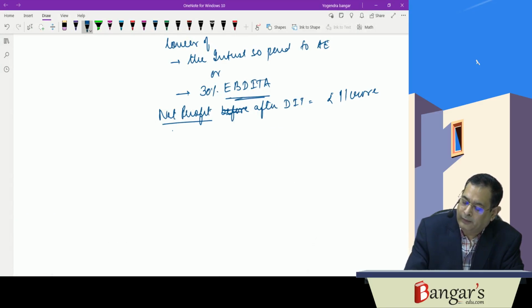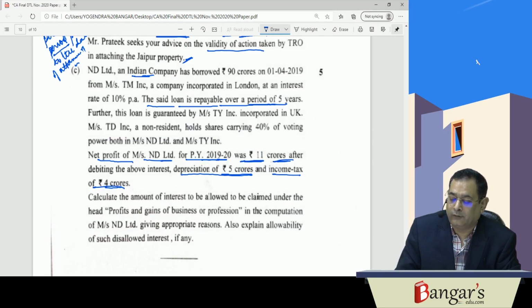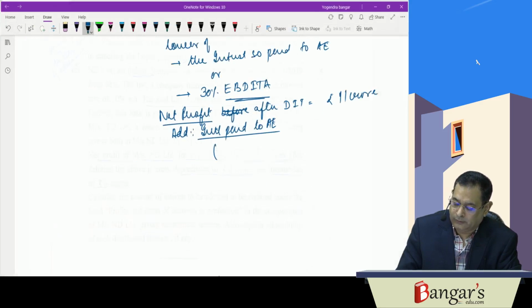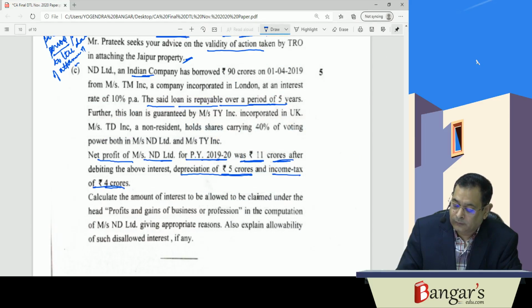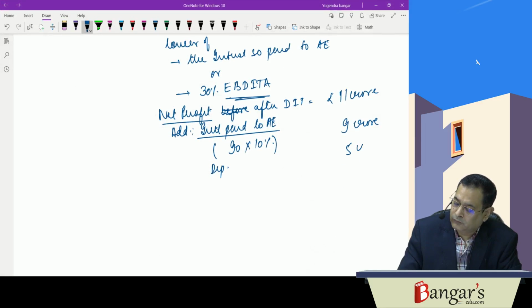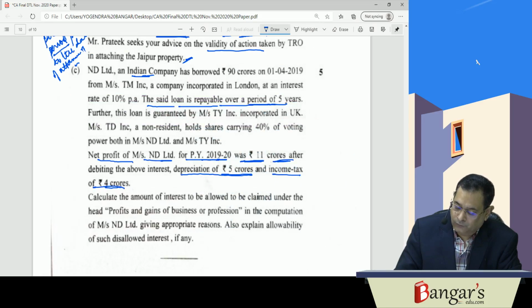We add back the interest paid to AE, 90 crores into 10%, that is 9 crores, depreciation 5 crores, and income tax 4 crores.